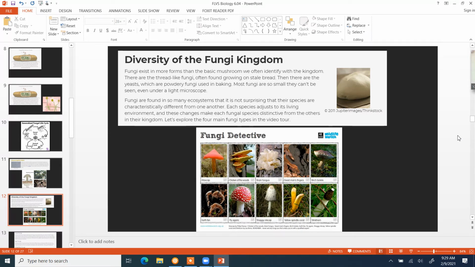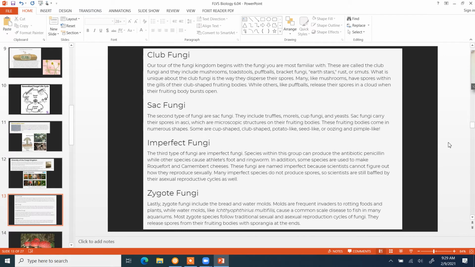All right, this is just talking about the diversity of the fungi kingdom. It just means that there are all different types of fungi. Over here on the bottom, we're seeing different kinds of mushrooms, just one example of how there are all different kinds of fungi. We're going to talk about 4 different kinds of fungi. The first one is club fungi.